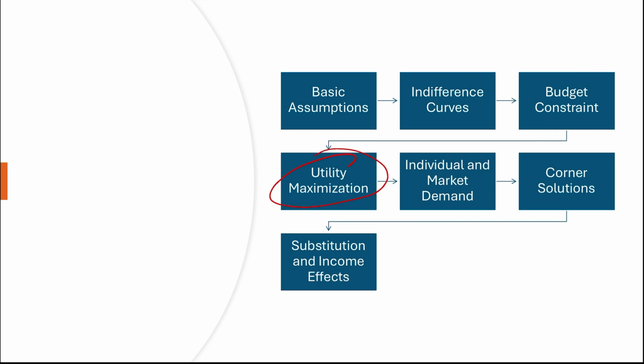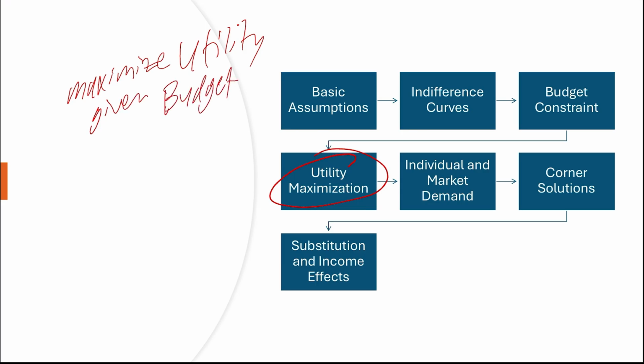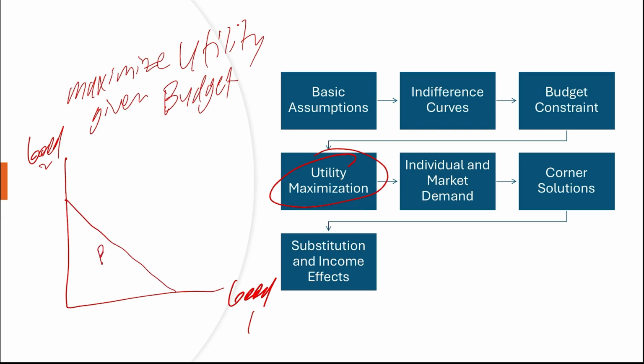Okay, and then for utility maximization, we're trying to think about getting the most utility while staying within our budget constraint. So if this is our budget line, let's say, and we have some indifference curves, an indifference map is going to be all the different indifference curves.